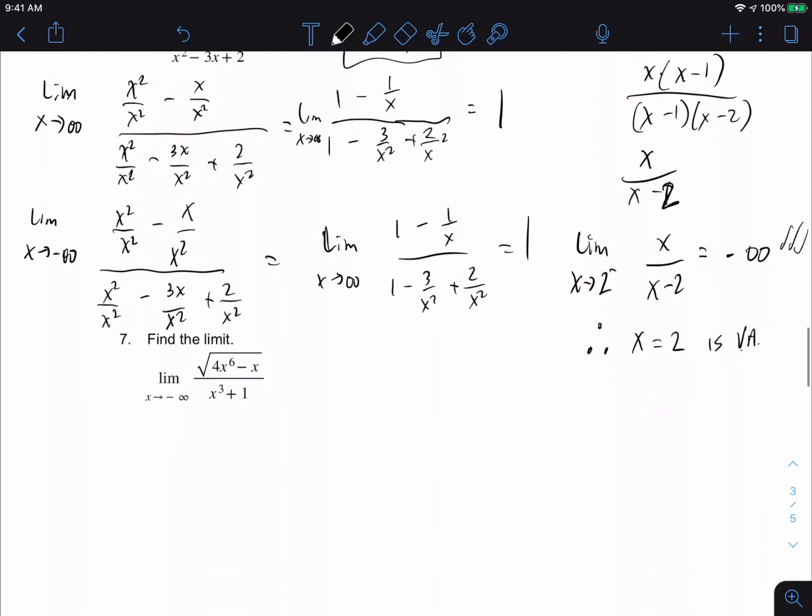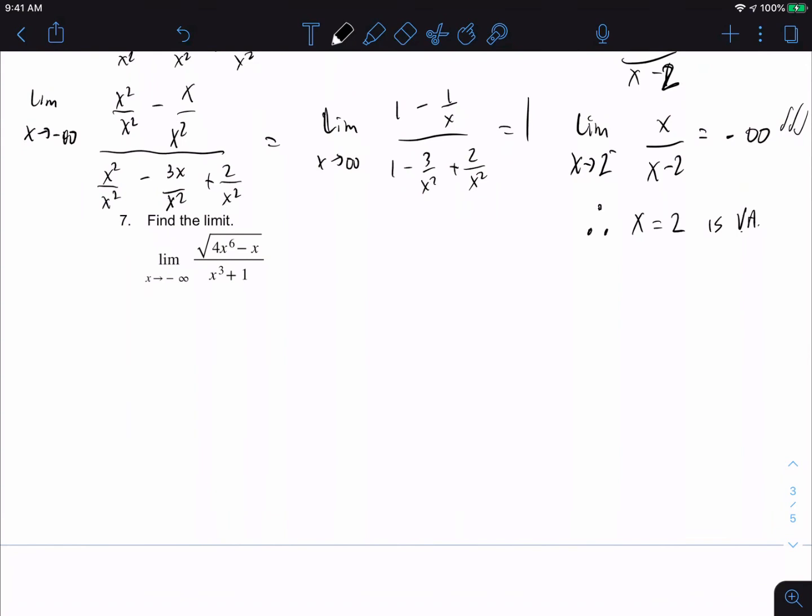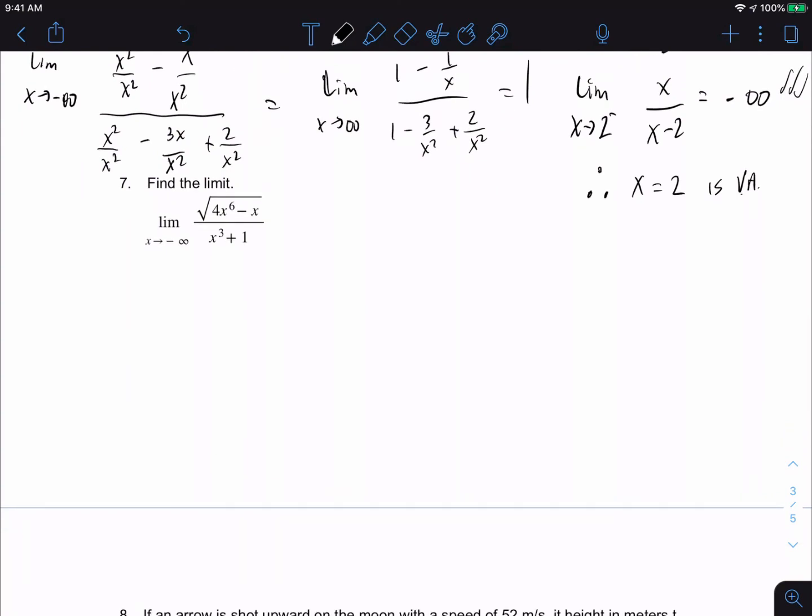Number 6, or number 7. This is, again, that definition of absolute value. So I'm going to divide everything by x to the third. Correct?